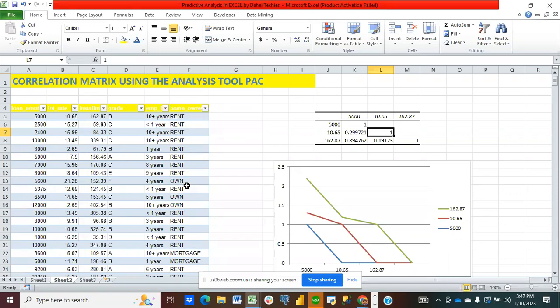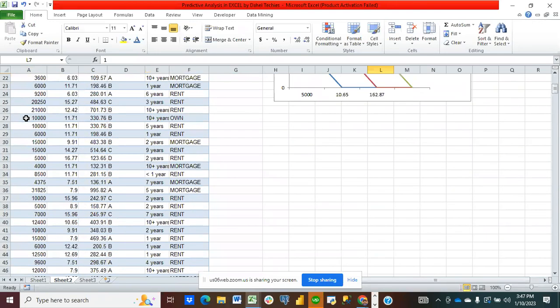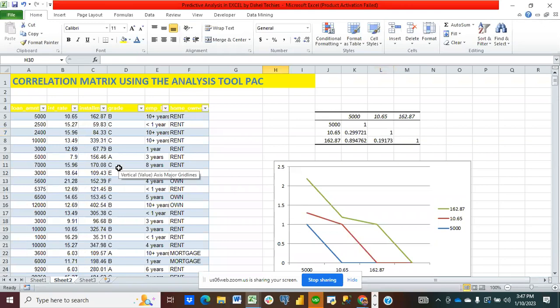Exactly, you can. Let's do it and see. We want to see the correlation matrix for column 1 and then column 2, A and B, the loan amount and the interest rate. No, I was talking about rows, not columns.